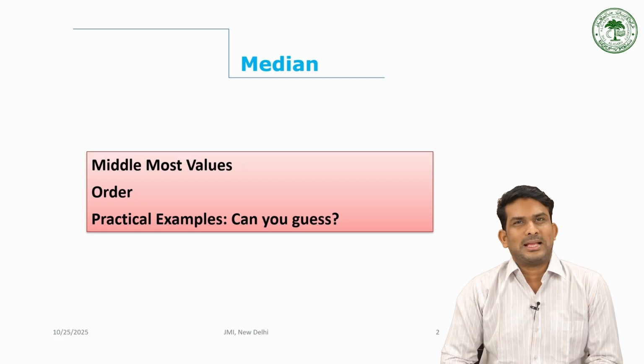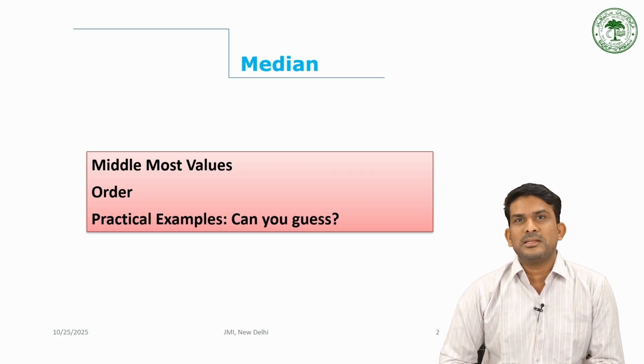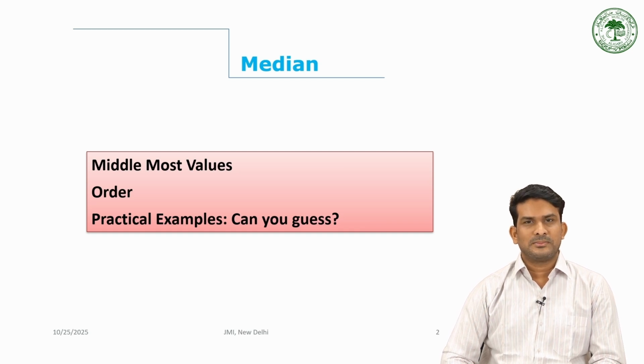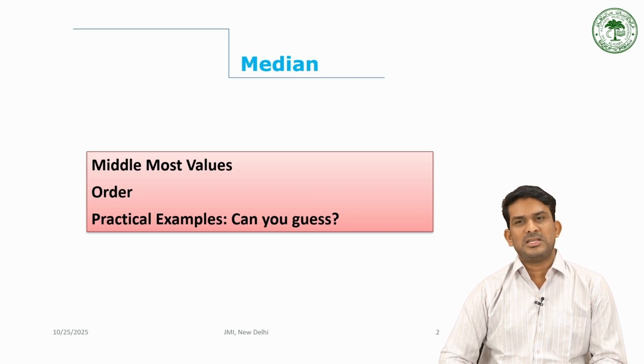Can you give some practical examples regarding the use of median? When you go to market, suppose you purchase a soap. You are not at all brand friendly. You don't want any branded items. As a layman, what we generally mention is, give a median.